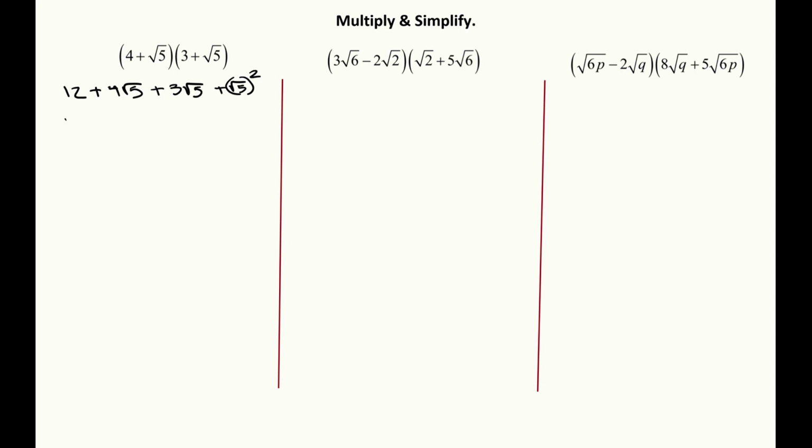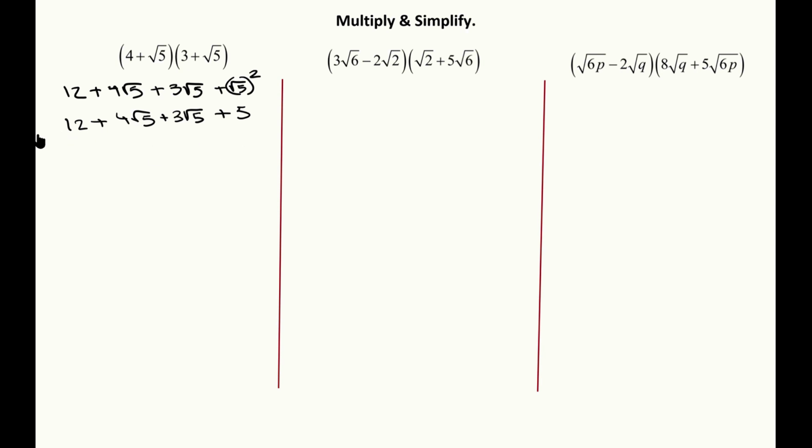So 12 doesn't change, plus 4 radical 5 plus 3 radical 5 plus, we know that the square root of 5 squared is just 5.